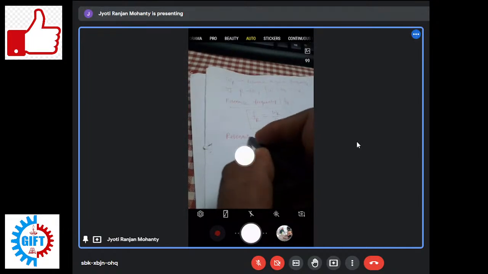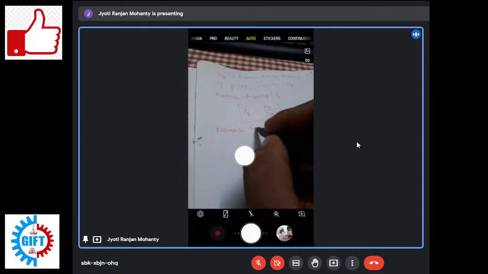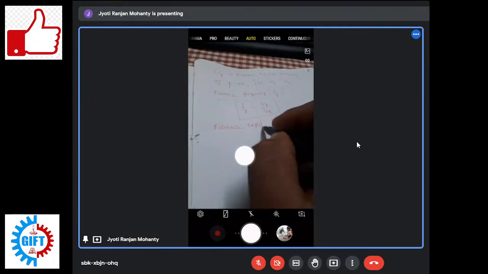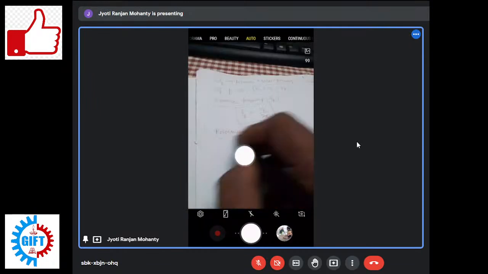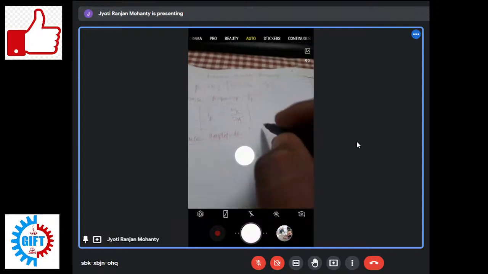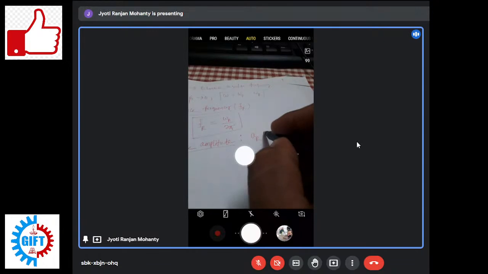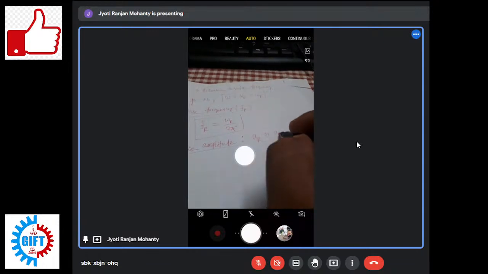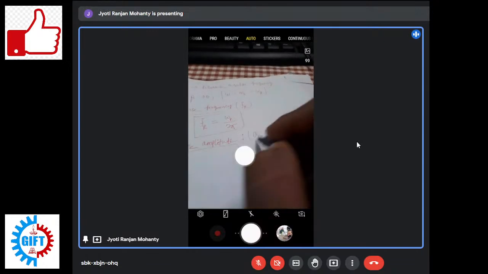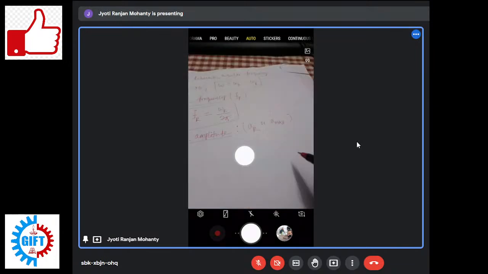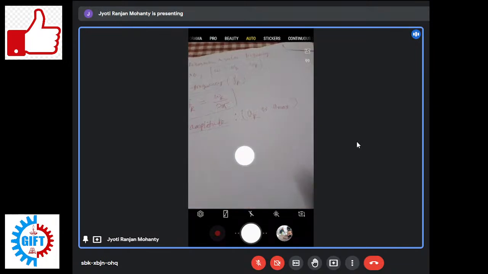Resonance amplitude. So resonance amplitude we can write as AR, R for resonance, or A max. Max means maximum. It is nothing but the amplitude at which resonance occurs. Write, the amplitude at which resonance occurs.